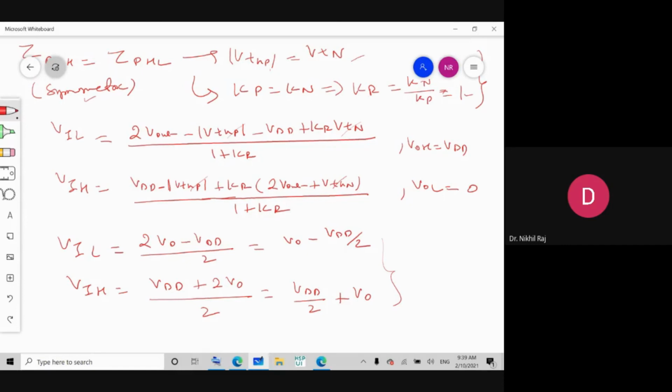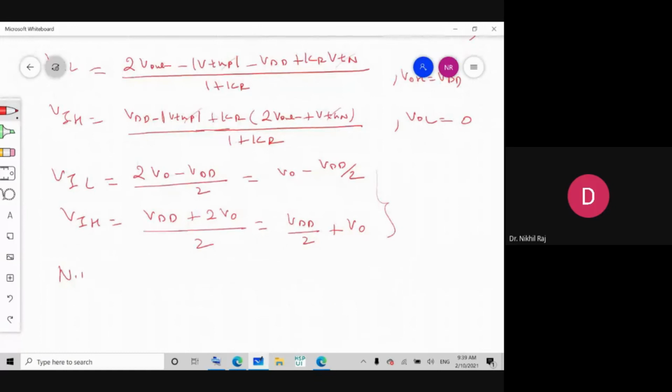Now let us calculate the noise margin case. Noise margin low, NML, will be equal to VIL minus VOL, so that will be given by V naught minus VDD by 2. And NMH will be given by VOH minus VIH.